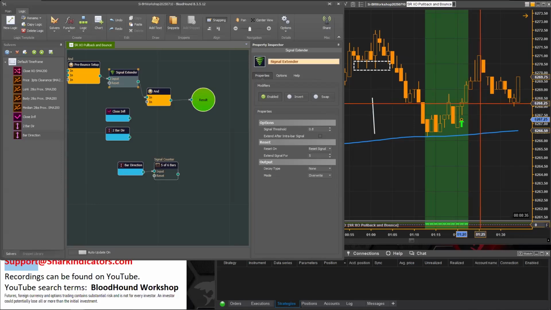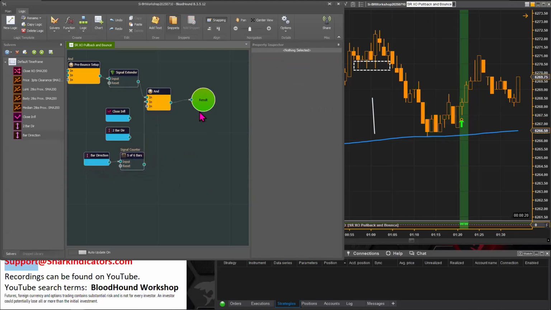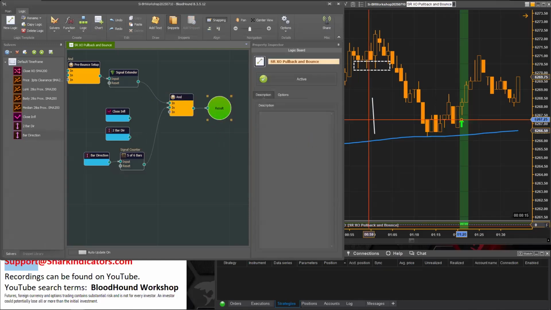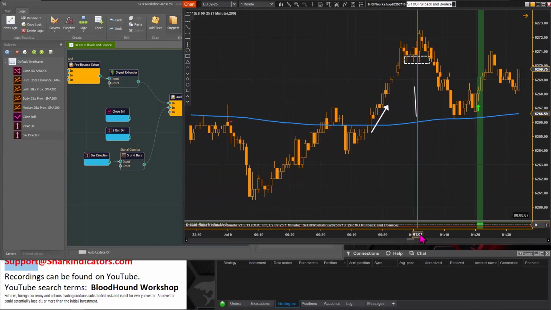I'll use the term safer here to make sure that you actually get a signal out of this. So now if I take this and connect it in there, and there we have it. There is our bounce signal, like so.